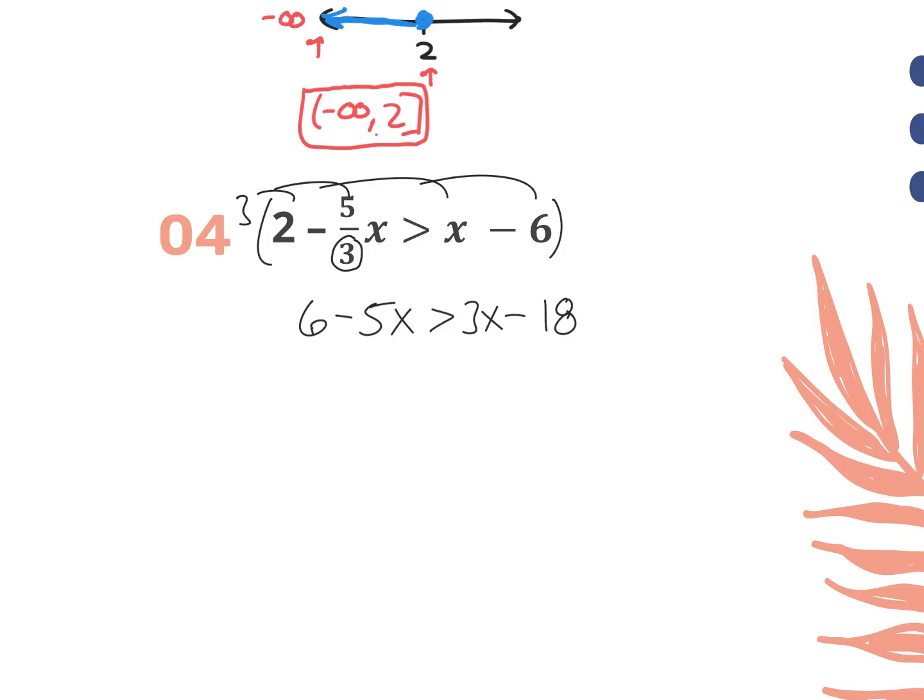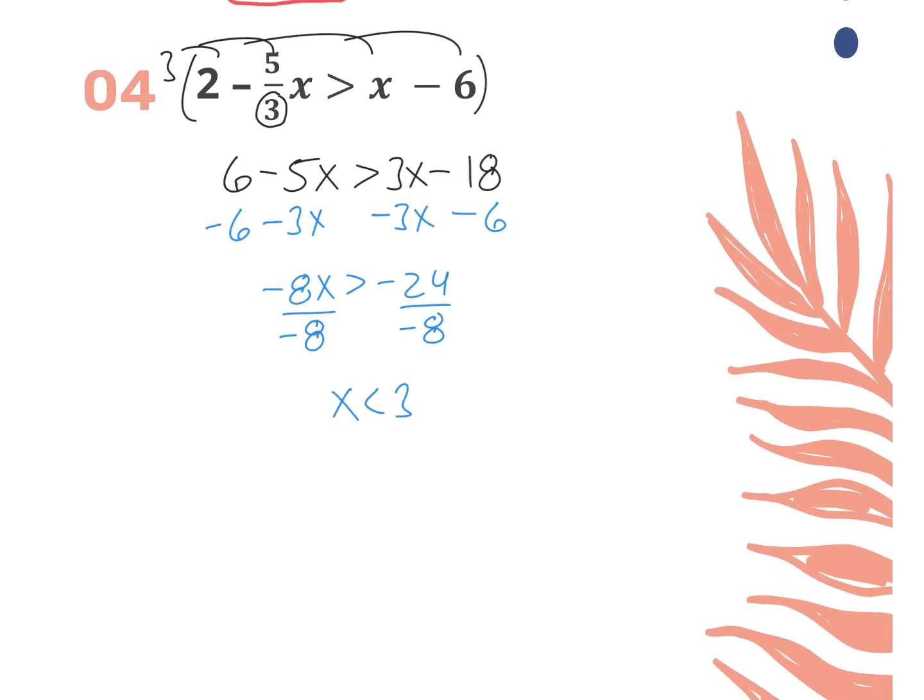Then I would just solve for x, subtract 3x, and then subtract 6, and we end up with negative 8x is greater than negative 24. And once again, when you're dividing by that negative, the direction of your inequality is going to flip. So this becomes x is less than 3. And this is our answer as an inequality statement.